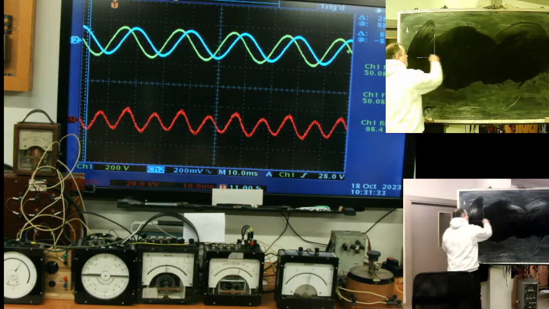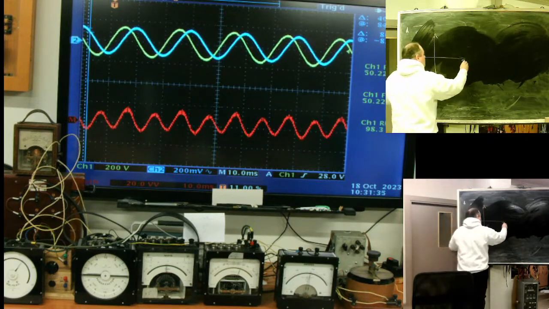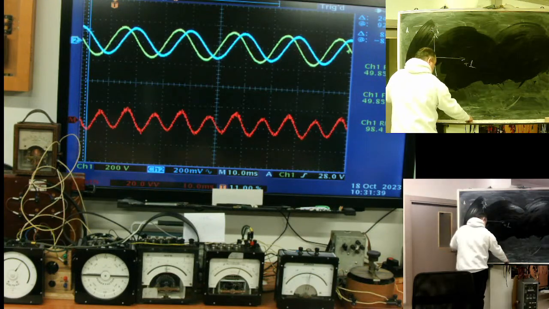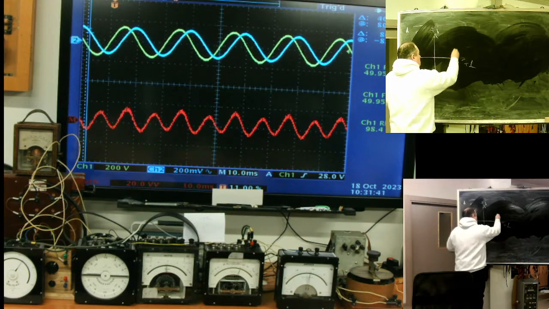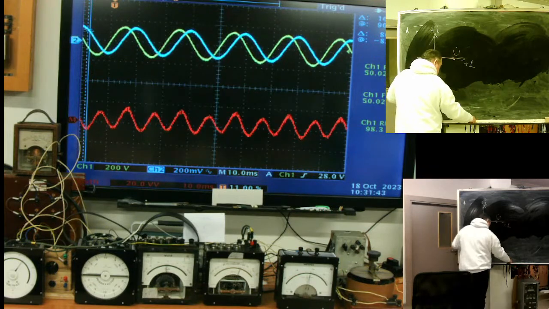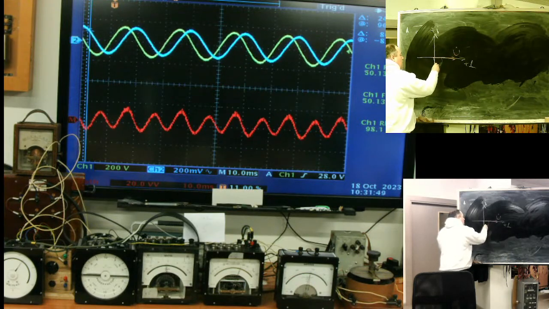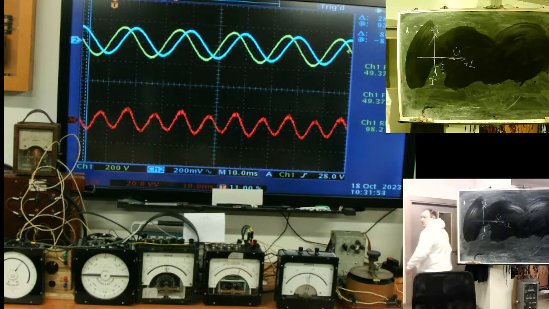Now I'm creating a pure 90-degree shift. Voltage, current now leading by 90 degrees. You see?